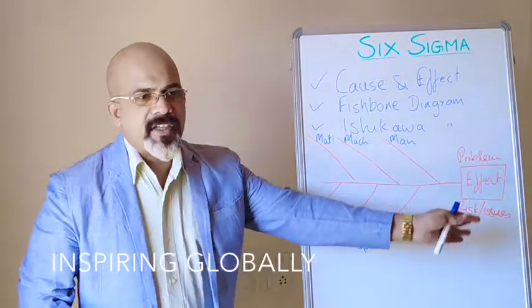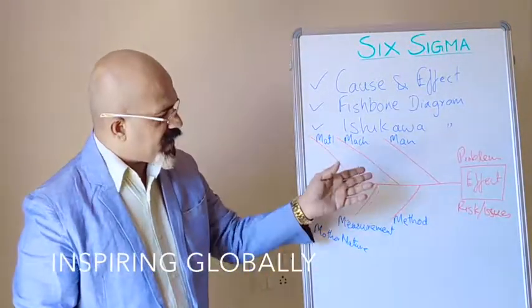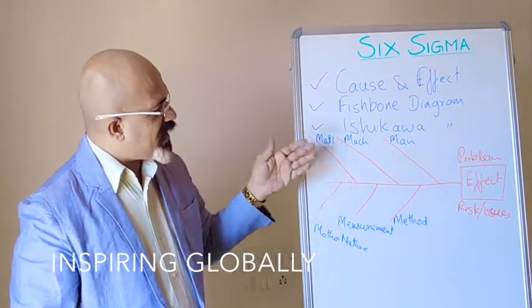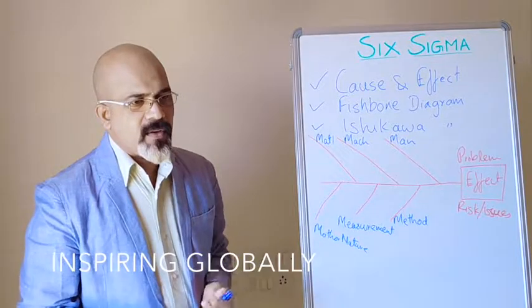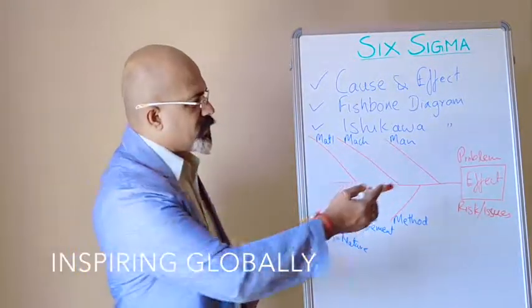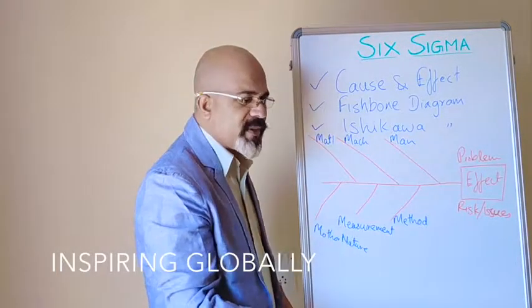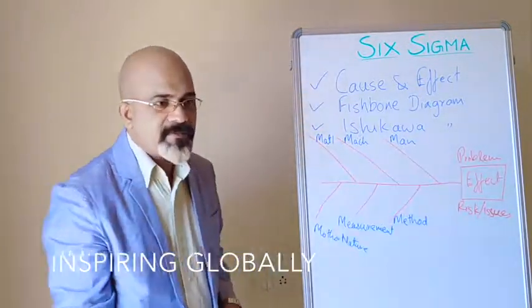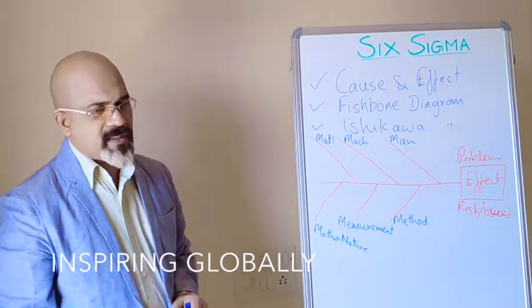Any of these things, you can put on the right side in the box and create a main bone, and then you can find out, okay, because of man, how this effect came. Now you can find out why the man is creating the effect. Because there was no training given, right? Similarly, you can find out for all the branches.